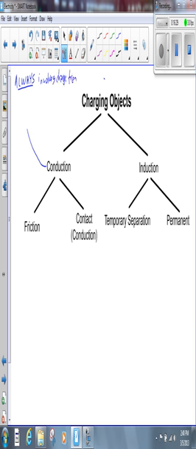So we've always got charges going from one object to another if we have conduction, versus induction, which never involves a transfer of charge. How do you charge an object without moving charges from one thing to the other? We'll talk about that in a minute. It never involves a charge transfer.